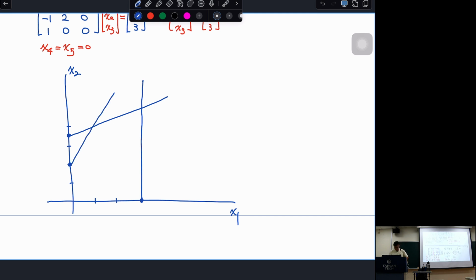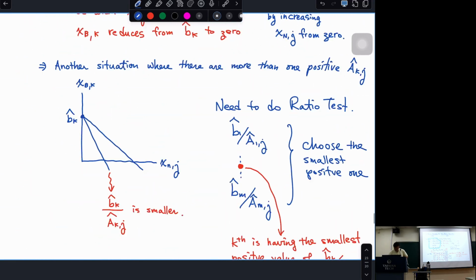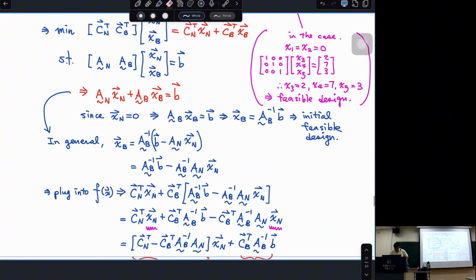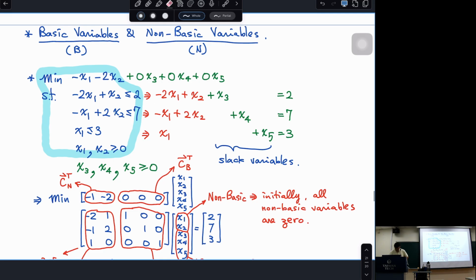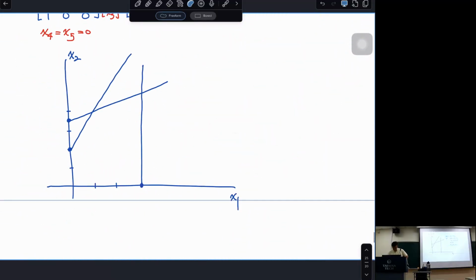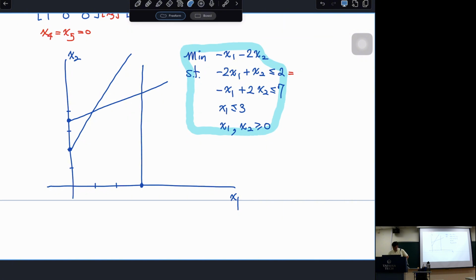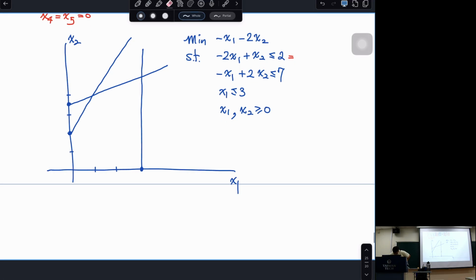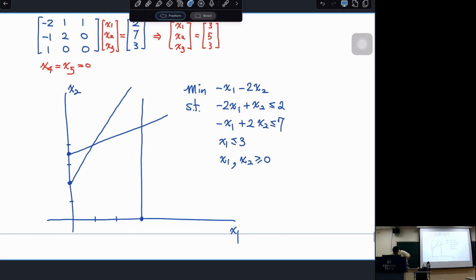So in fact, this is the problem. This is the original problem. If I show you the original problem, copy and paste. This is the original problem. So this is G3.